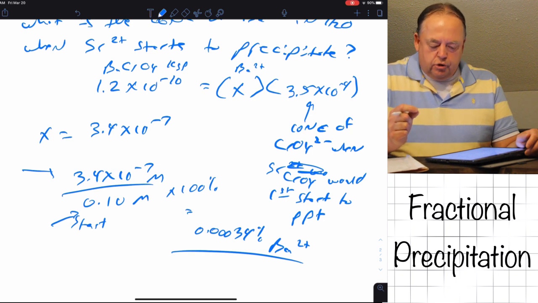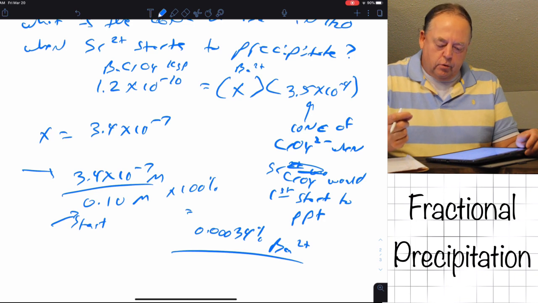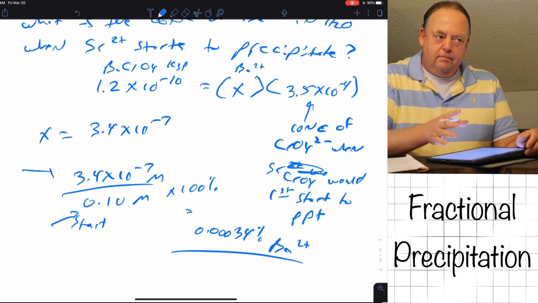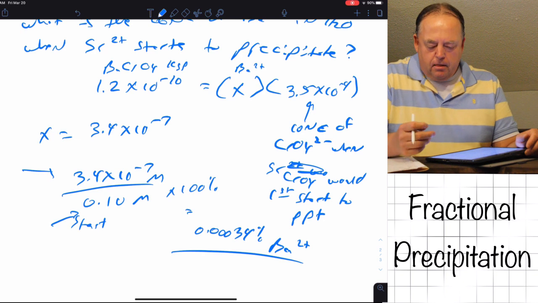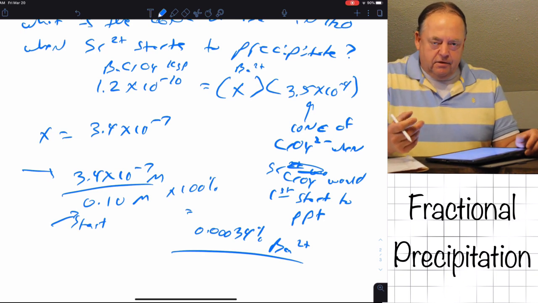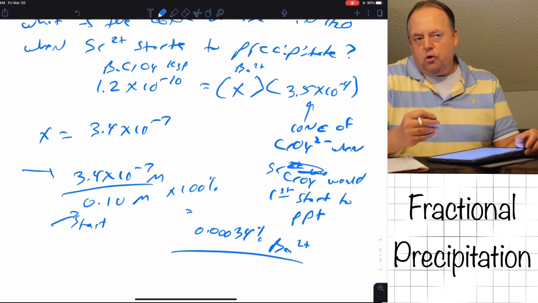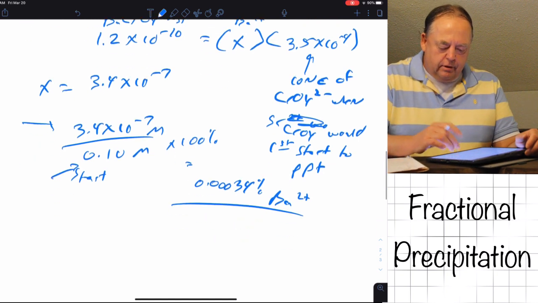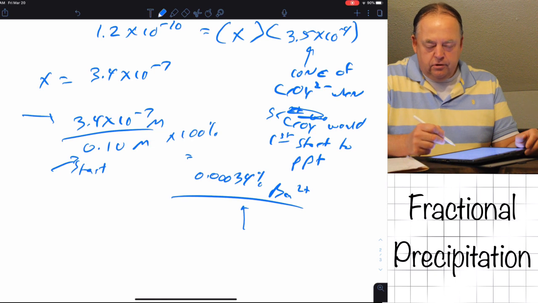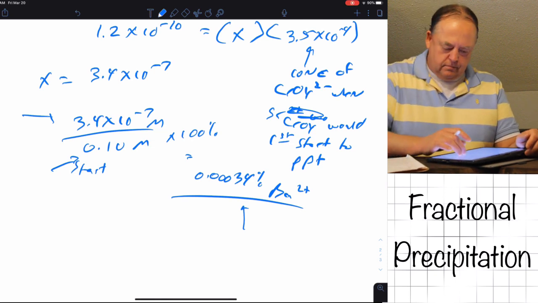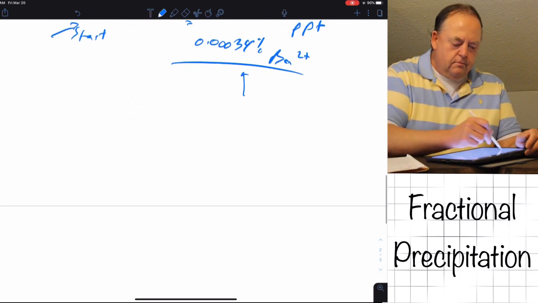Right before the concentration of chromate reached 3.5 times 10 to the minus 4 molar, if you did a precipitation at that point, you would have pure barium chromate solid that you could filter off. And when you started precipitating the strontium chromate out, there's a little bit of barium left in the solution, so it's going to precipitate with the strontium chromate. You couldn't get the strontium chromate totally pure at this point, but it's pretty pure because there's only 0.00034% barium still in solution at that point. Okay.